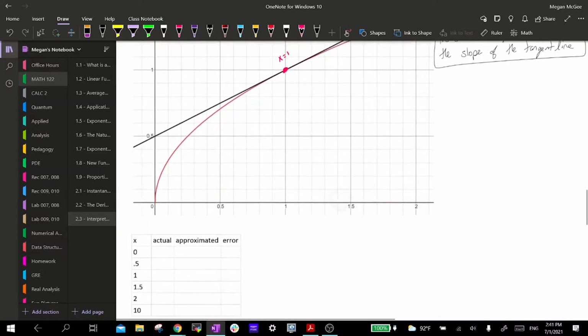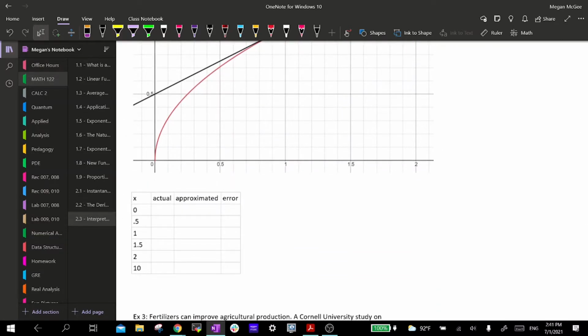So we have a little table down here where we're just going to plug these values into our equation of the line and then our function to get the real and approximated values, and then we're going to subtract them to find the error or the difference, okay? So at x is equal to 0, f of 0, well that's the square root of 0, which is 0, so the actual value is 0.